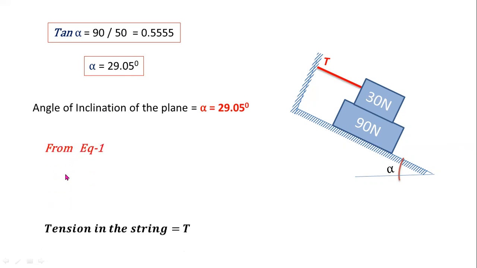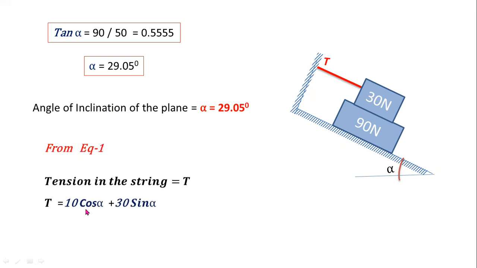Now from equation 1, the tension in the string T equal to 23.309 newtons. That is the tension in the cord or string. So this is the final answer for this problem.